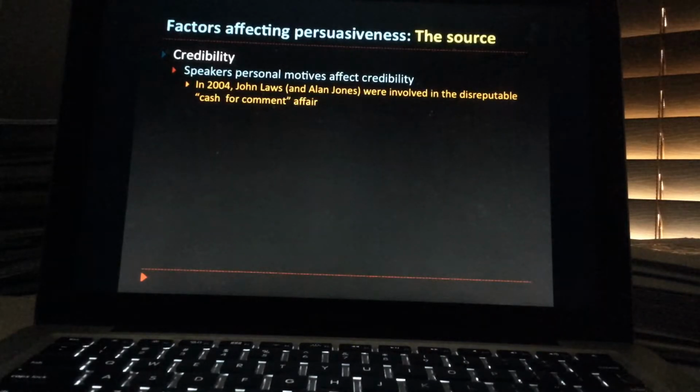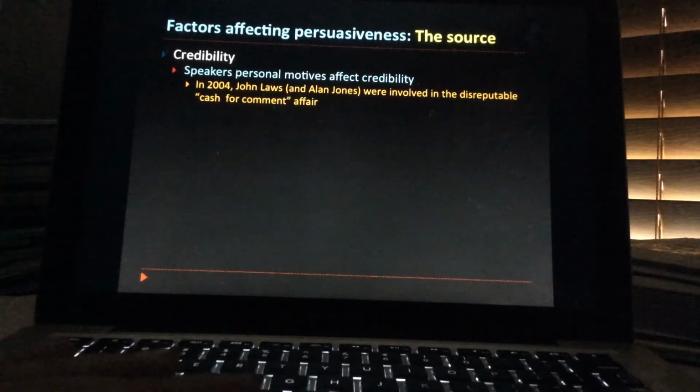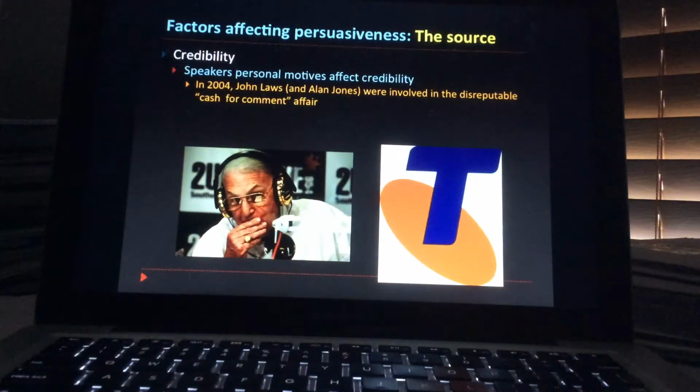And then John Laws was given $300,000 a year or something like this to be a public advocate for Telstra. And so Telstra, I guess their PR team would assume that having someone that was previously against them suddenly being on side with them would convince people to be pro-Telstra.